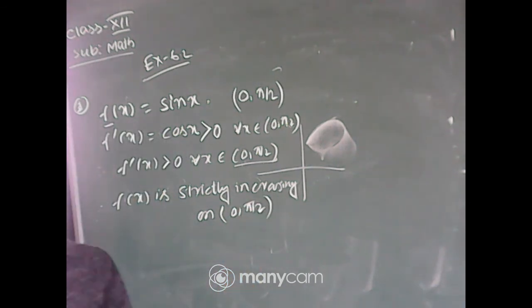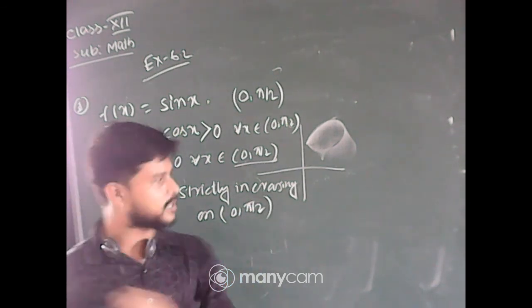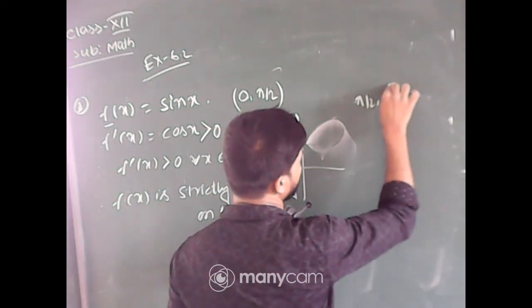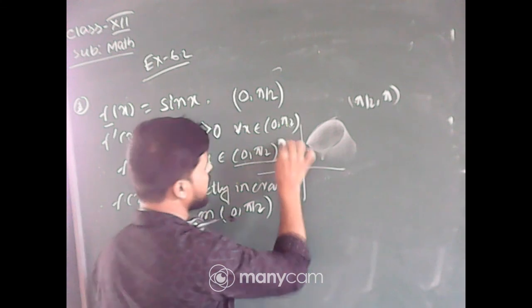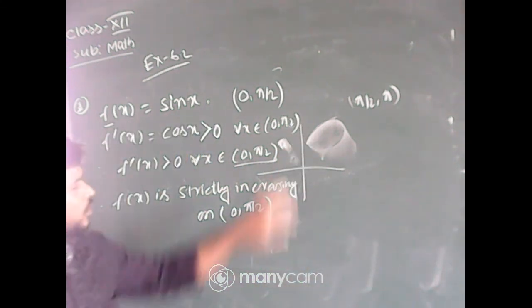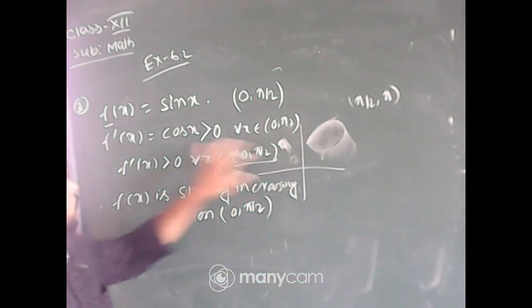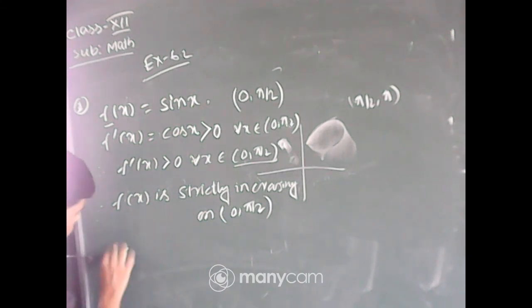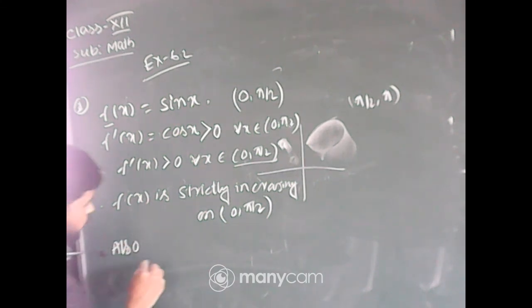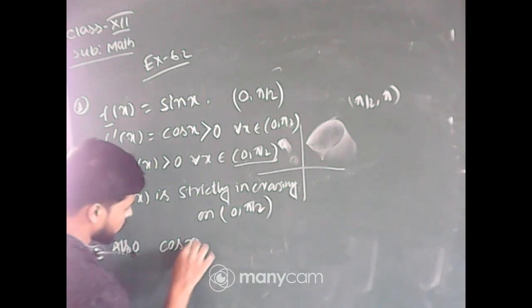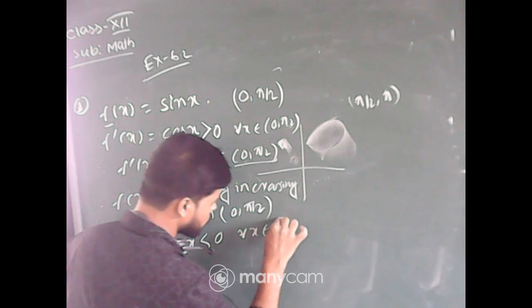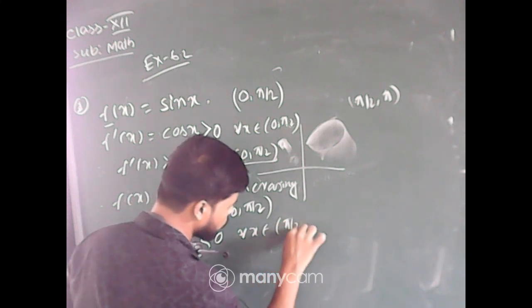And if we consider the interval pi by 2 to pi, which means the second quadrant, we know that on the second quadrant the value of cos x is less than 0 for all x belongs to pi by 2 to pi.